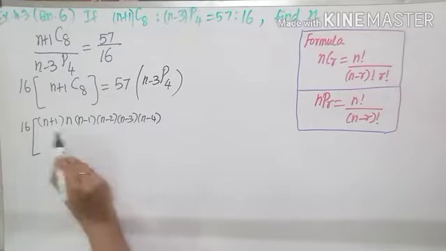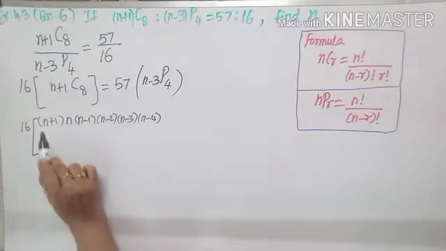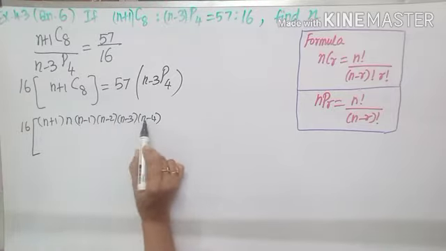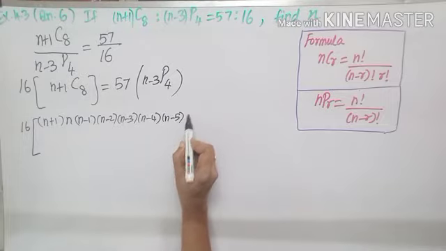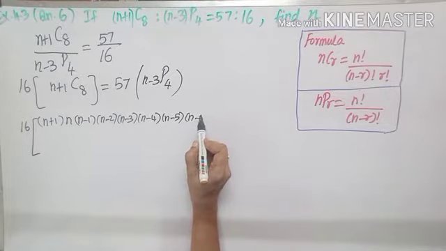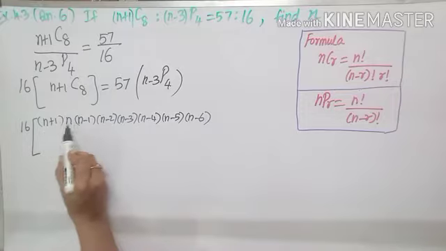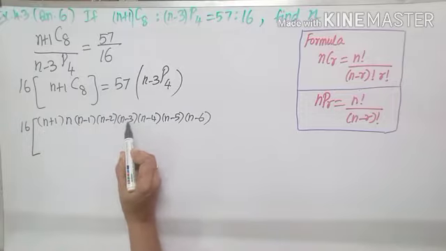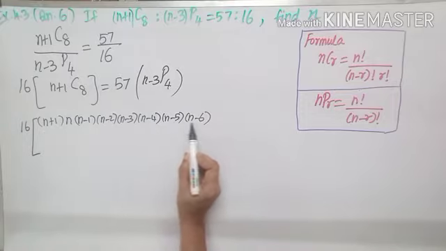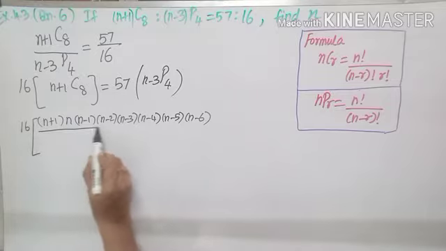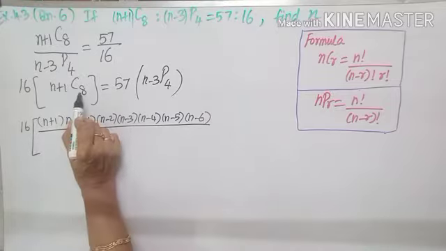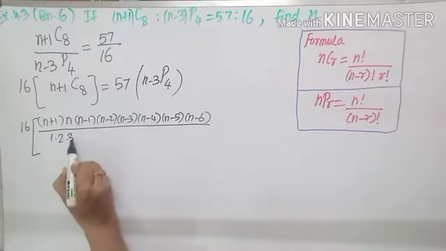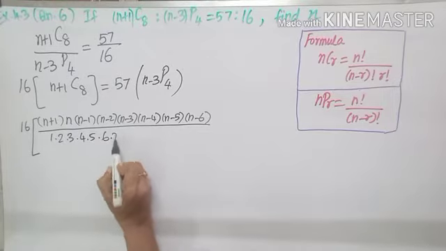How many terms must I write? 8 terms: 1, 2, 3, 4, 5, 6, 7, 8. So n plus 1, n, n minus 1, n minus 2, n minus 3, n minus 4, n minus 5, n minus 6, divided by 8 factorial, which is 1, 2, 3, 4, 5, 6, 7, 8.